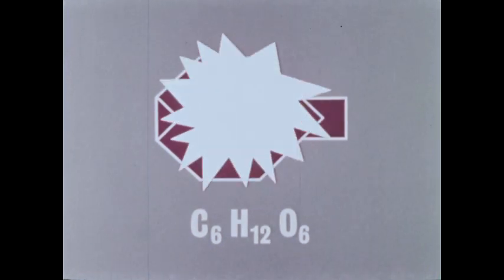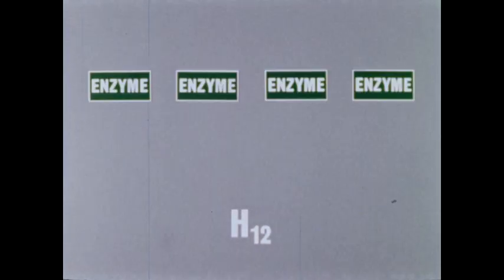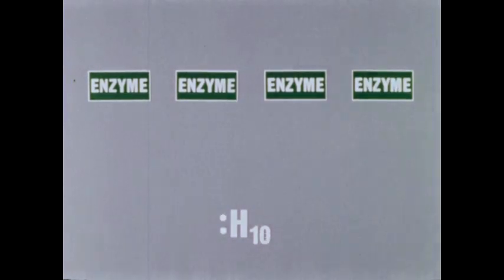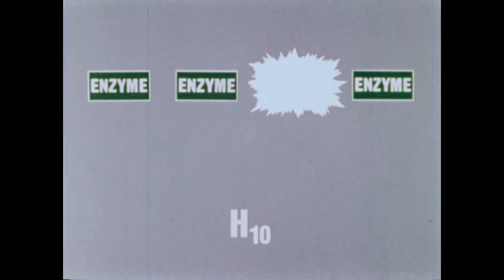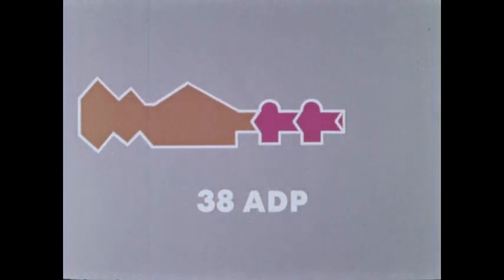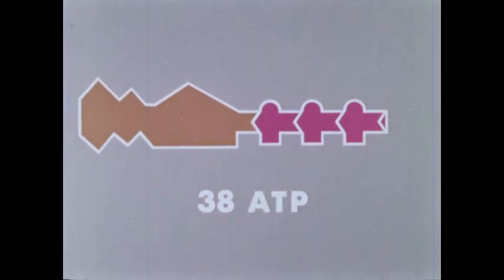Particular enzymes oxidize the glucose molecule in slow stages. In this process, the hydrogen atoms of the molecule are passed from one enzyme to another, with chemical energy released at each step. Enough chemical energy is released by this process, it is thought, to synthesize from 38 molecules of ADP, 38 molecules of ATP.